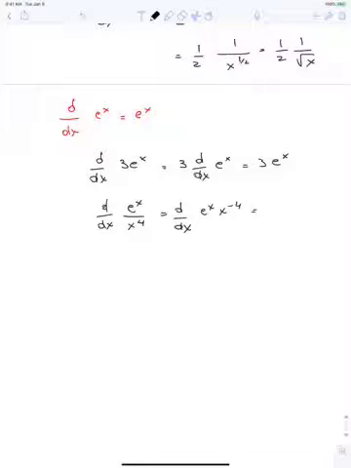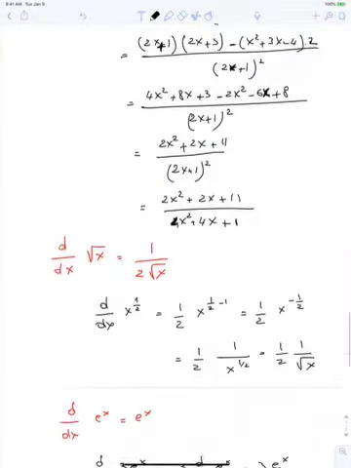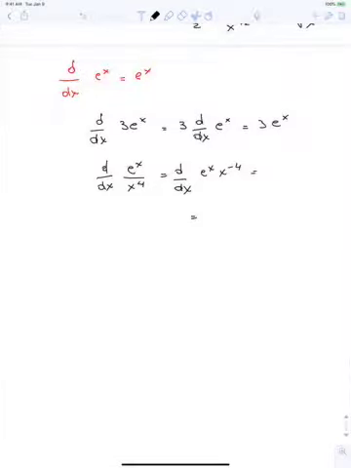Well, if we do that, we just have to use the rule of the product. We're going to take the first one as it is and then multiply it by the derivative of the second one. So this is e power x times the derivative of x power minus 4 plus x power minus 4 times the derivative of e power x.